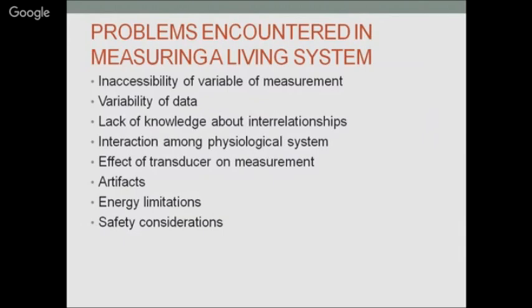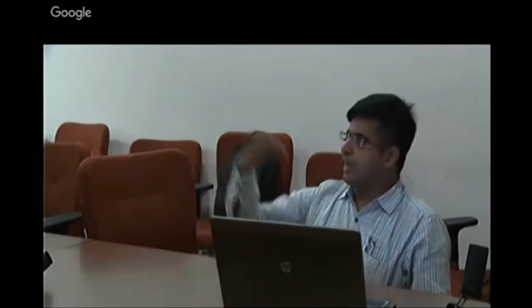Human being is a very complex system. It's not that easy to study human body structure. Interaction among physiological systems. In the morning also I discussed that every physiological system is interrelated. Digestion system is related with respiratory. The cardiac system is also related with respiratory.